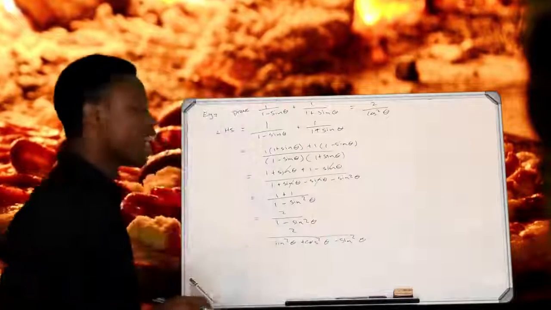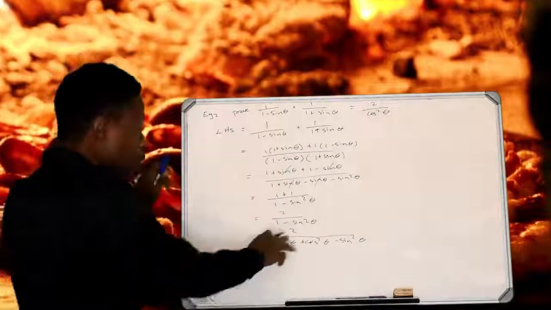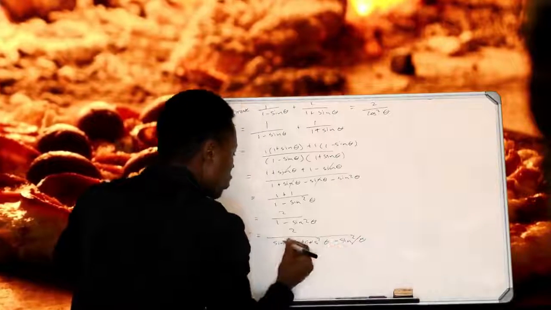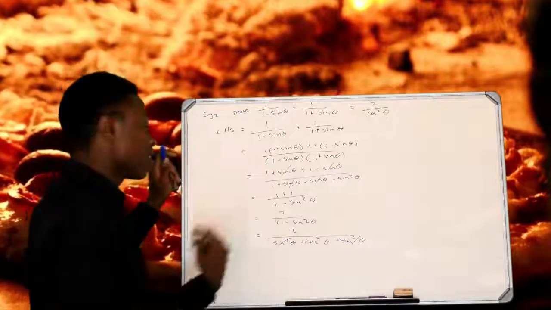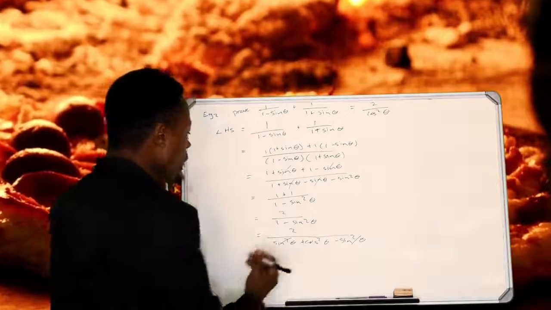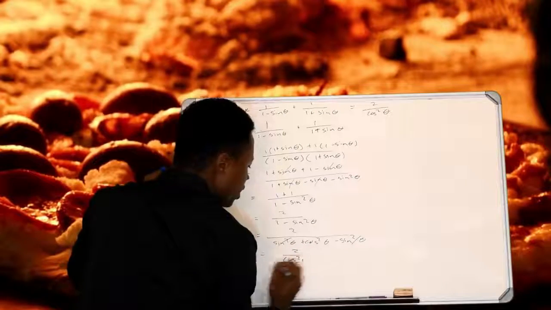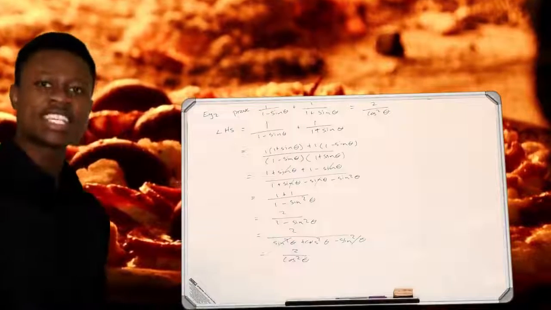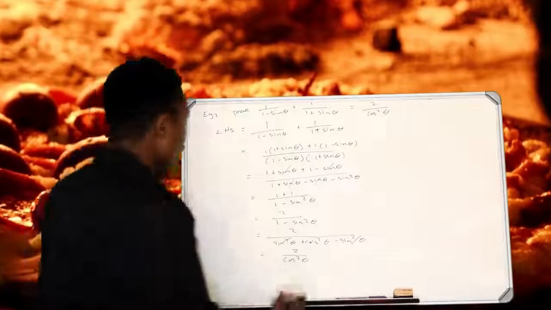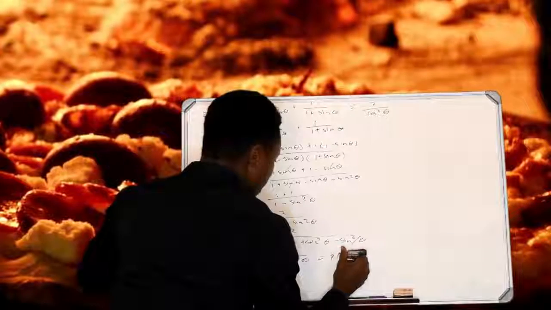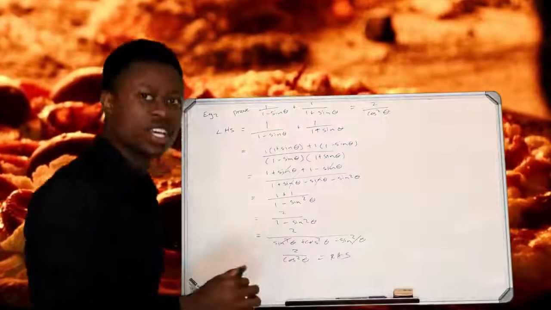So I replace the 1. Sine squared theta minus sine squared theta gives me 0, right? So what am I left with? 2 over cos squared theta. Is that the same as the right hand side? Yes. So this is equal to the right hand side, which means that my answer is correct.